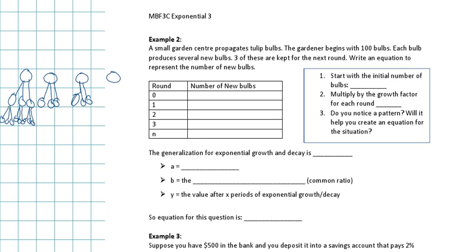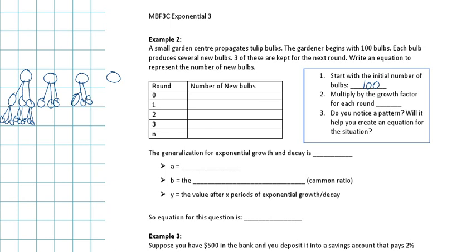Now what's my growth factor? How much are my numbers going to be growing by? It's going to be tripling, right? So it's going to be multiplied by 3, because each one is going to produce 3. So multiply by the growth factor for each round.